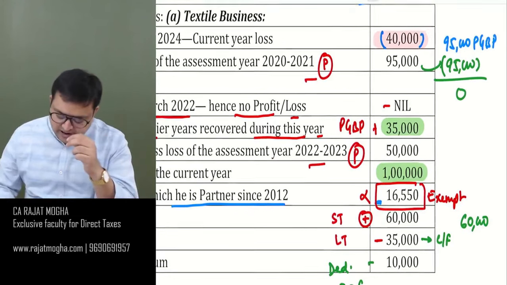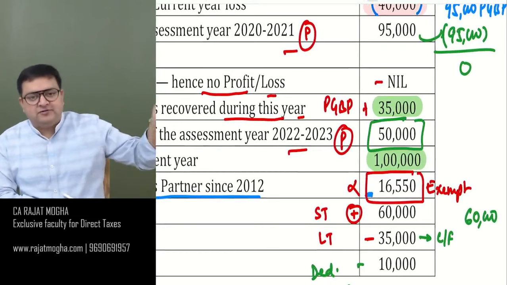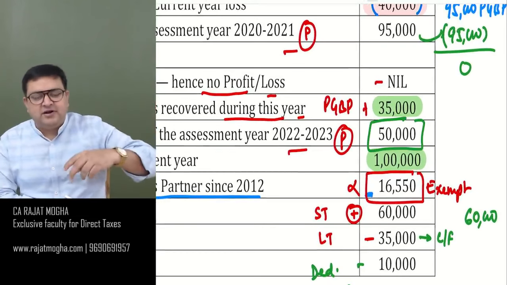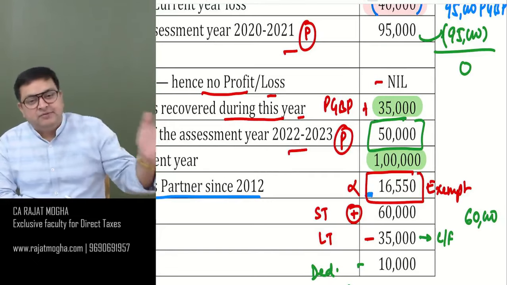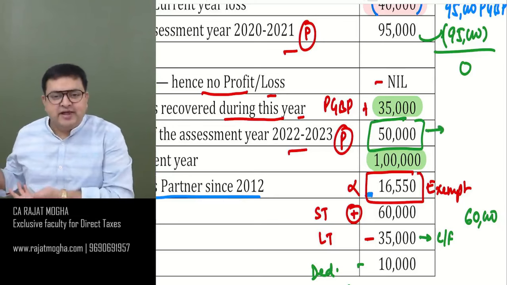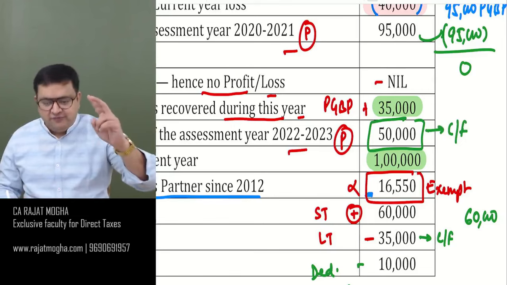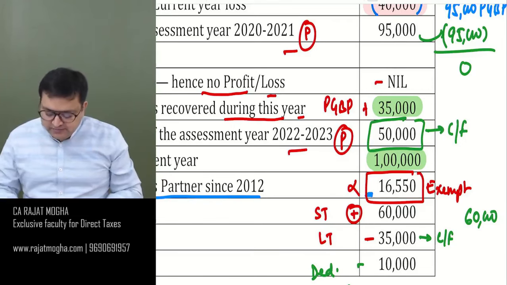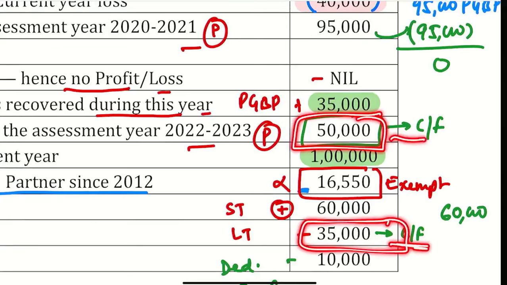Now guys, what will happen to this 50,000 loss, which you cannot set off? It was a brought forward loss. It could not be set off here. Can I set it off from capital gain or house property? Never. It is a brought forward loss, so it will again be carried forward. So two things will be carried forward. One is this long-term loss. And second is this one.